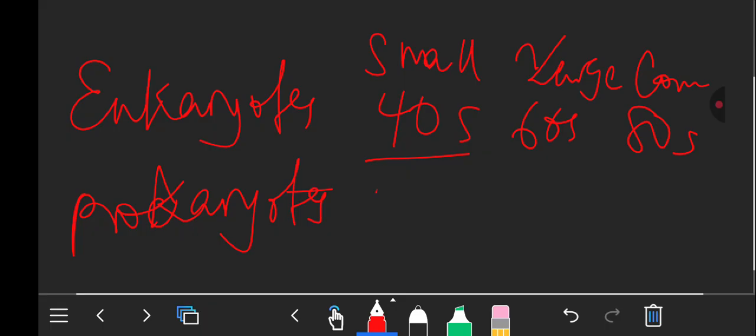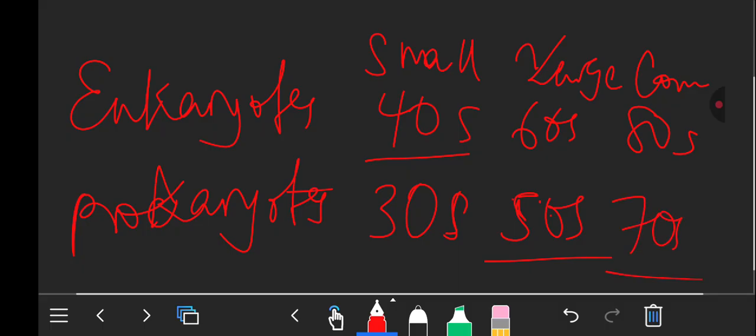So 40 minus 10, we'll have 30S in prokaryote, the small subunit. Then we have 50S for large ones, and 70S for combined ones.